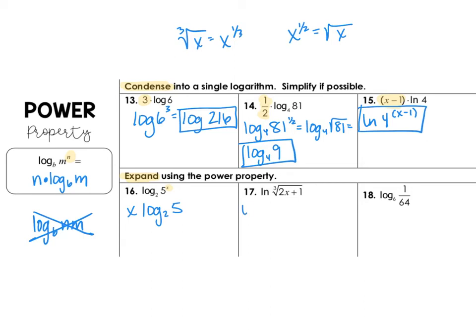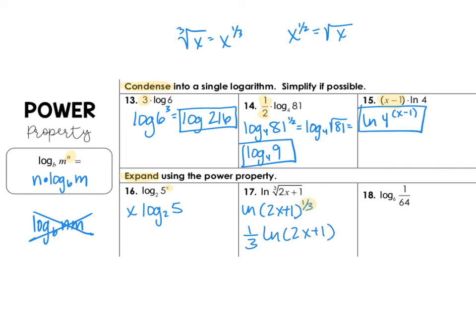So we can rewrite this as 2x plus 1 to the 1/3, which will allow us to move this exponent here of 1/3 out to the front. So it's 1/3 natural log 2x plus 1.